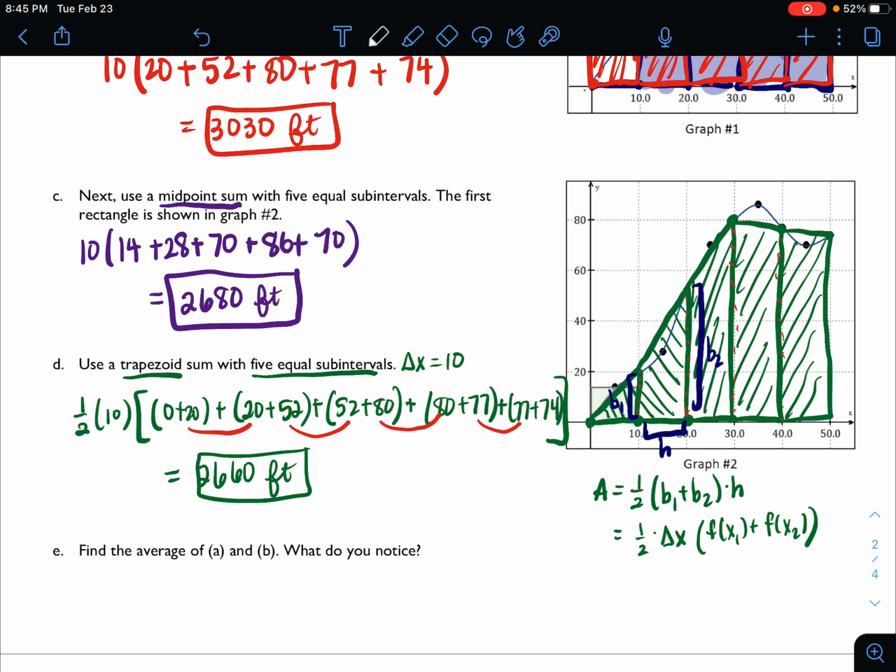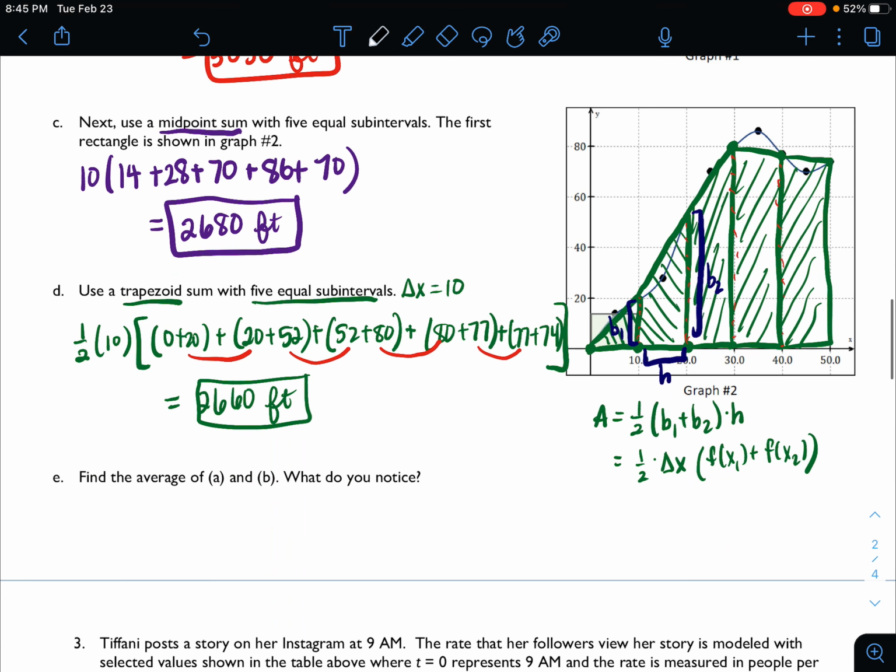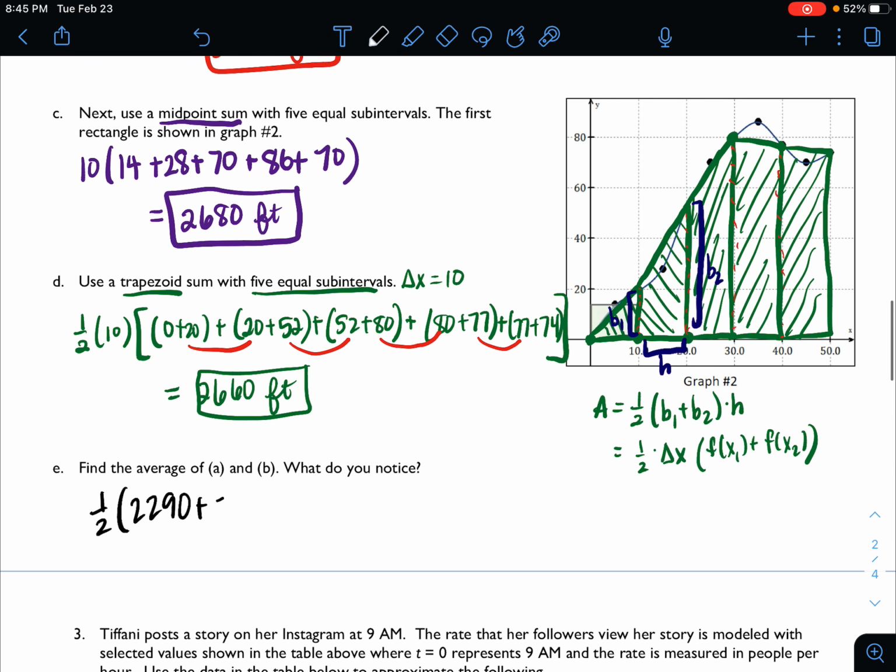The last thing it asks us is to find the average of A and B, and what do we notice? So A was 2,290, so we're going to do 1/2 of 2,290 plus B, which was 3,030. If I take half of that, because we're doing the average, I will get 2,660. And so what you'll notice is that that's actually the same as the trapezoidal sum.